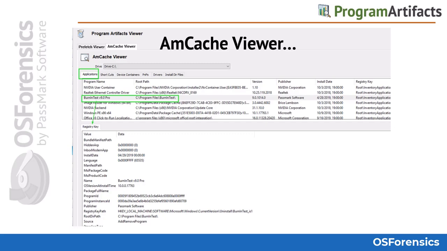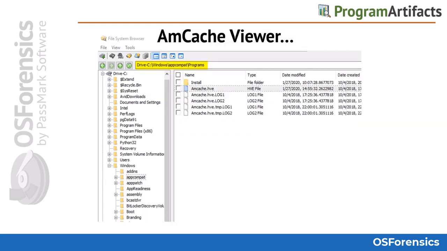These artifacts may persist even after the applications have themselves been deleted from the system. The default location of the AmCache registry hive can be found on the system drive at the file path highlighted in this slide.